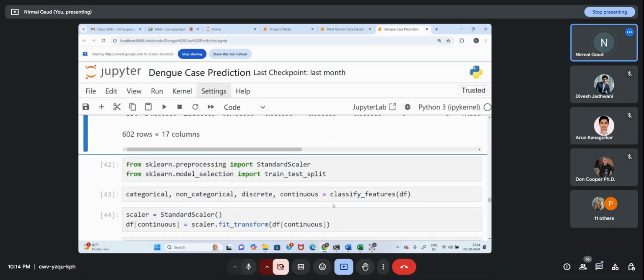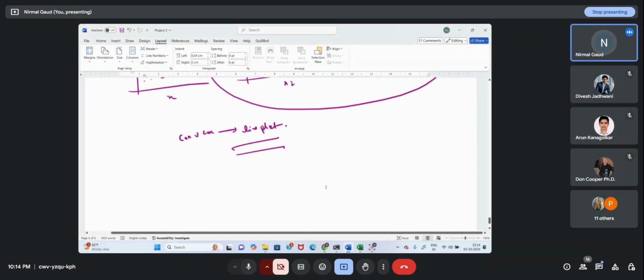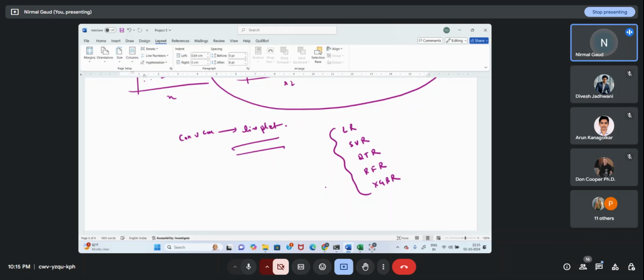And then obviously I need to use regression algorithms for this particular project. I mean to use linear regression, support vector regression, decision tree regression, random forest regression, XGBoost regression as traditional machine learning algorithms, and I want to use deep learning also, I will be making a neural network for this.